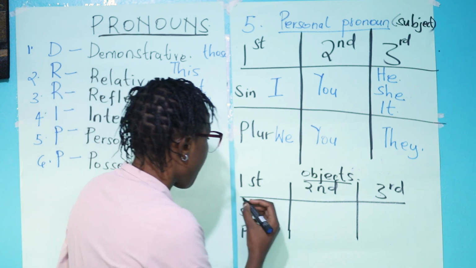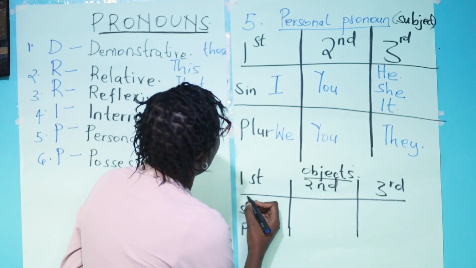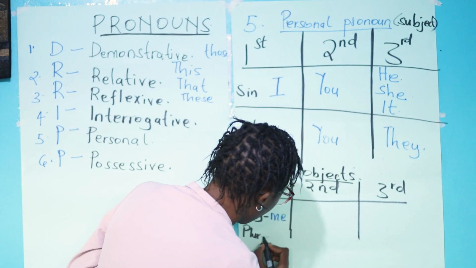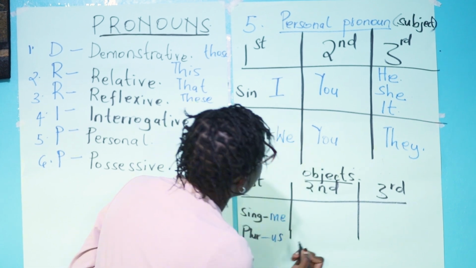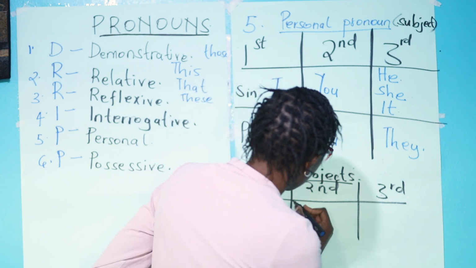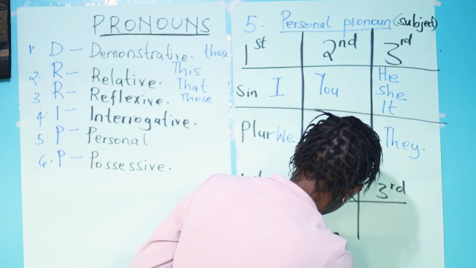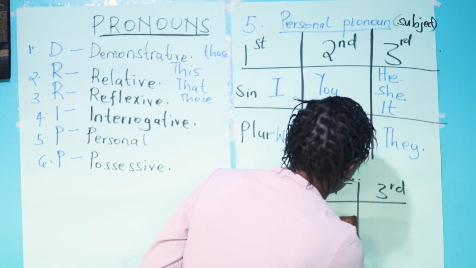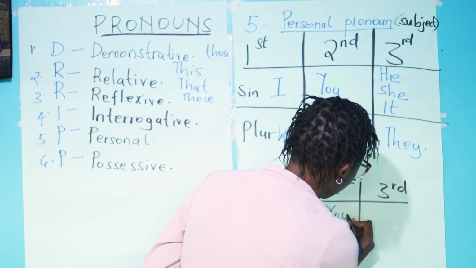And now we'll say, first person becomes me. In plural form, it becomes us. Second person, it is you.